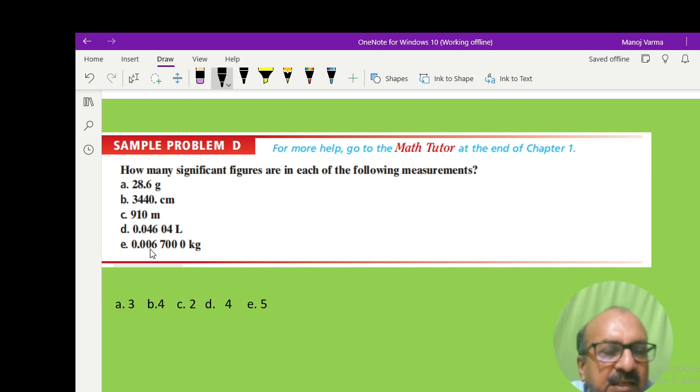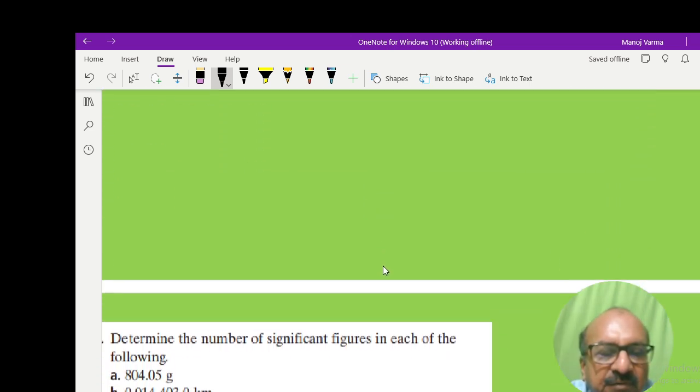Now here the zeros in front of this number will not be significant, and these zeros are occurring after a decimal point. Therefore these zeros will be significant, and therefore the total number of significant figures here will be 5. So that is the way we decide about the significant figures.